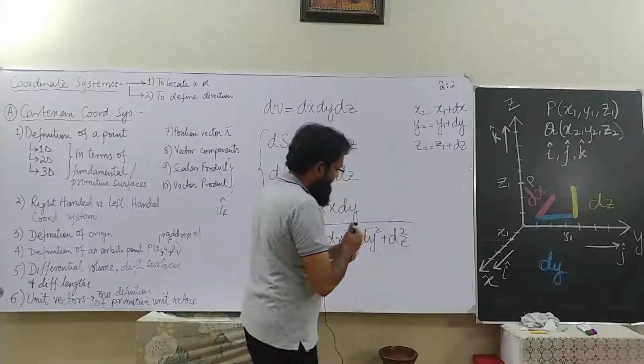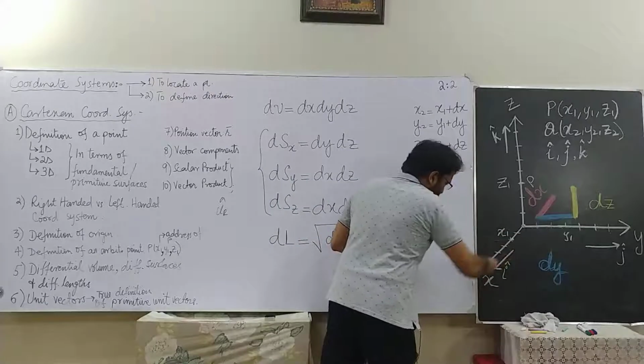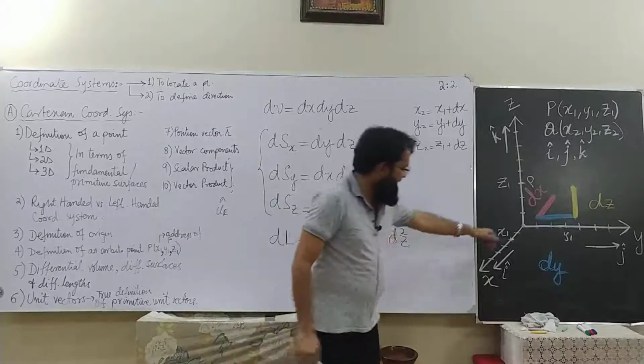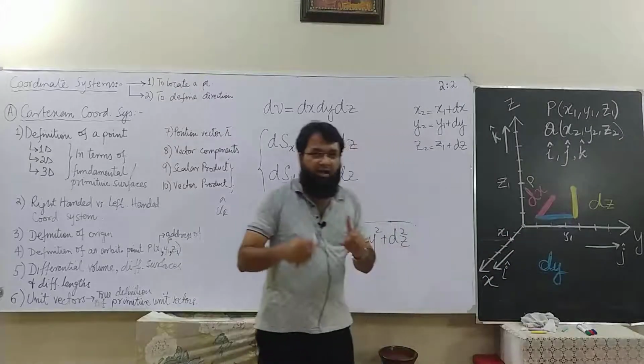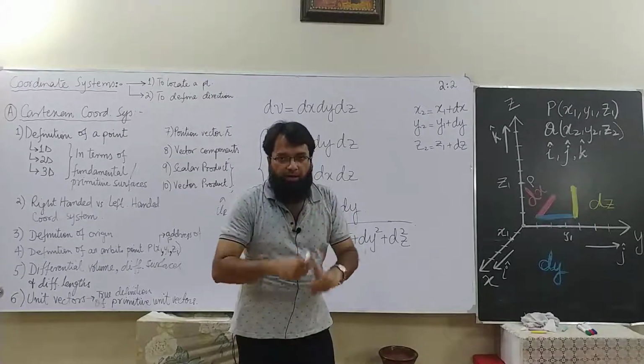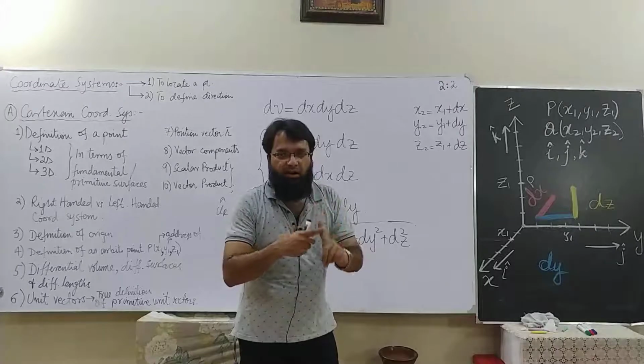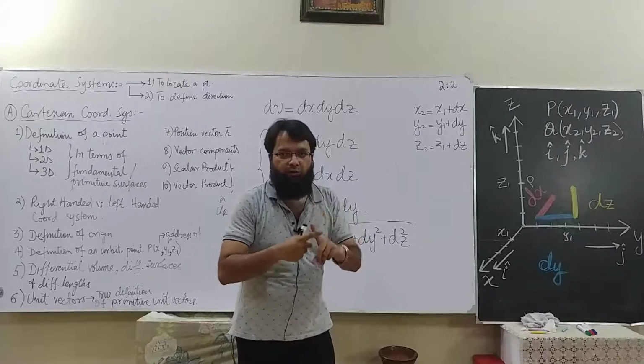For instance, if I take i and we say that i is pointing in this direction, i is pointing in this direction because i should be a unit vector which is perpendicular to its fundamental shape, that is x equals constant.